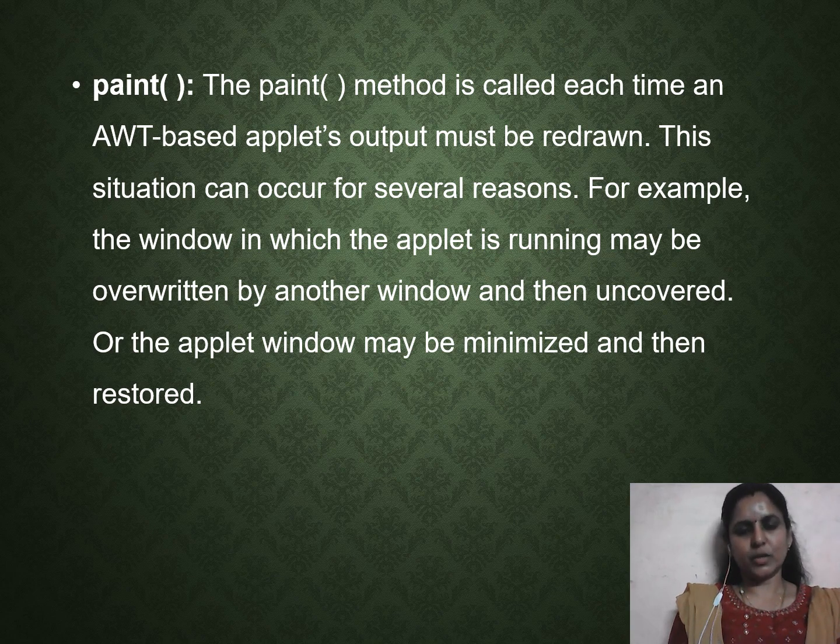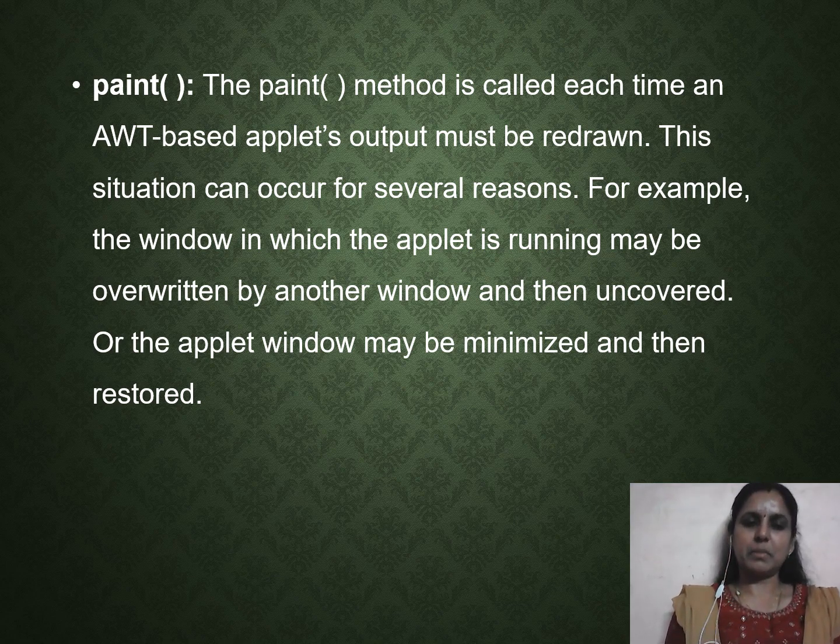The next we are going to see the paint() method. The paint() method is called each time an AWT based applet's output, that is Abstract Window Toolkit based applet's output, is needed. This situation can occur for several reasons. For example, the window in which the applet is running may be overwritten by another window and then uncovered, or the applet window may be minimized and then restored.